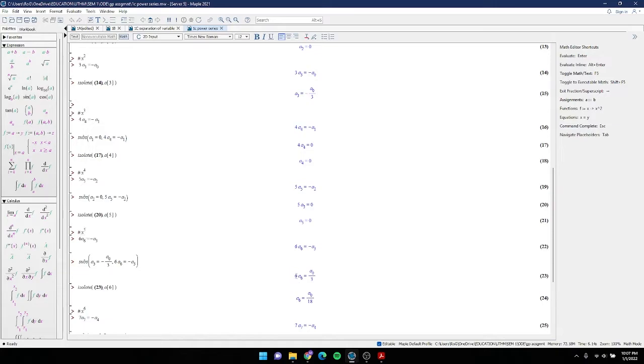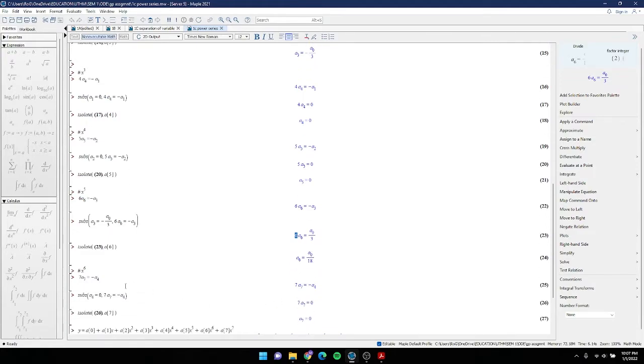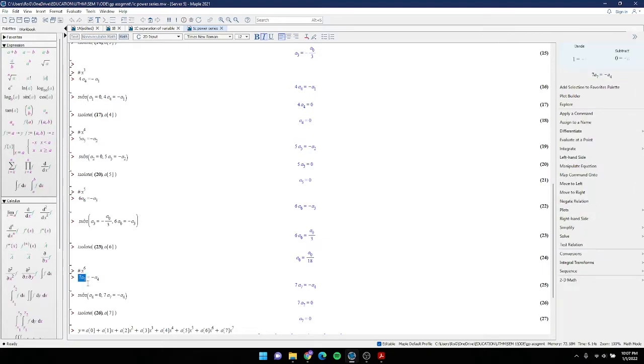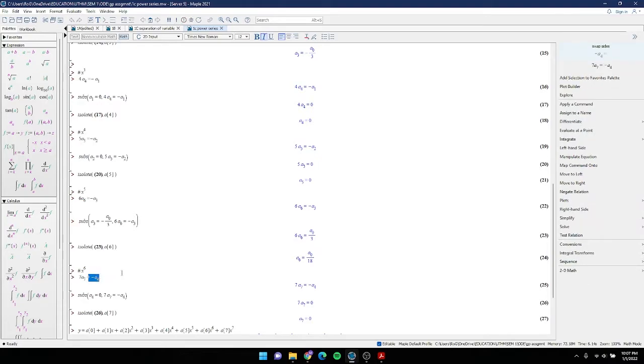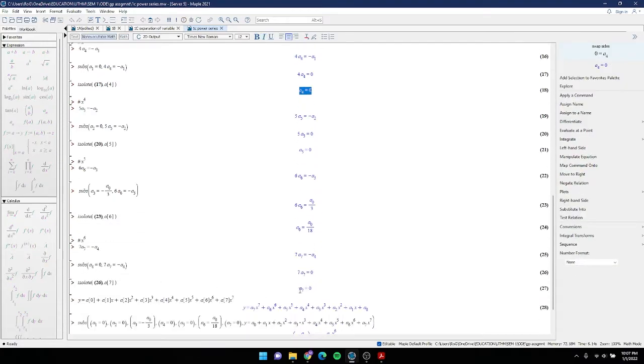And then we move the 6 to the bottom of the a0 over 3, and we get a6 equals a0 over 18. And then finally we compare x to the power of 6. We got 7a7 from the left hand side, and negative a4 from the right hand side. As we all know, the value of a4 is 0. So the value of a7 is also 0.